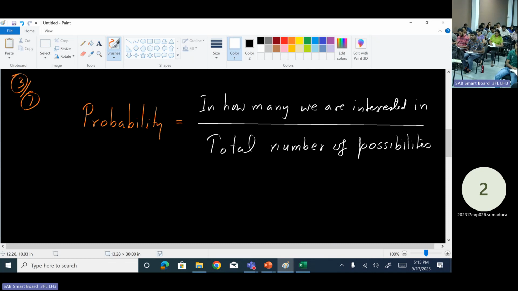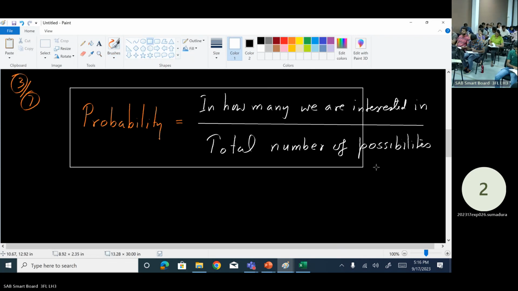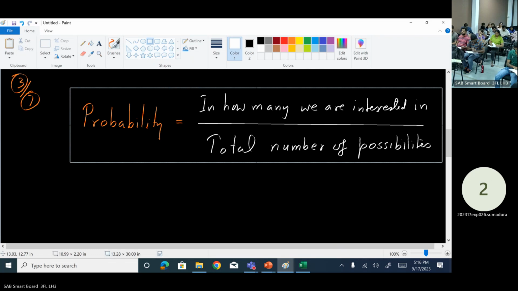That's how it is defined. So in the classical approach, probability is defined as a ratio: total number of possibilities comes in the denominator, and in the numerator, in how many we are interested in. So that's how it is defined in the classical approach.